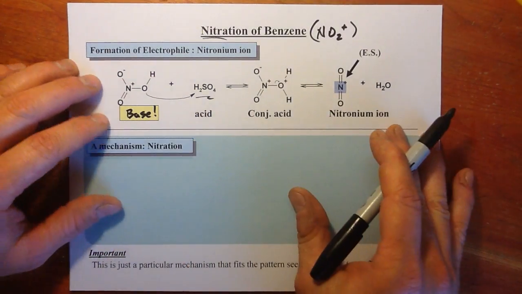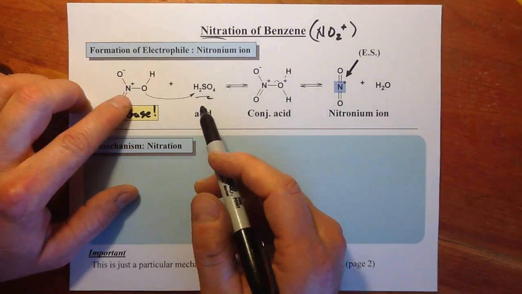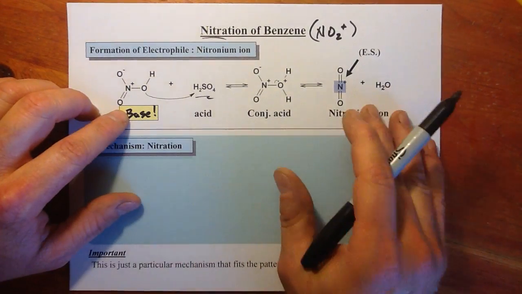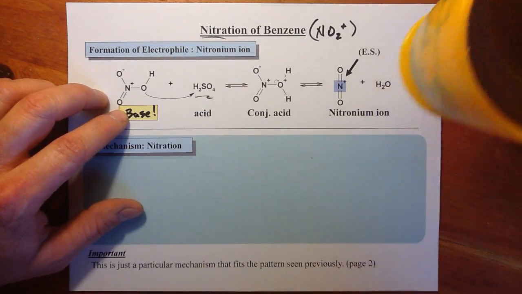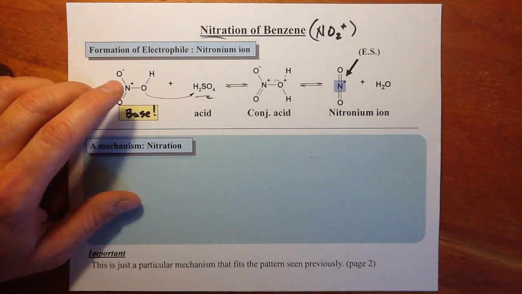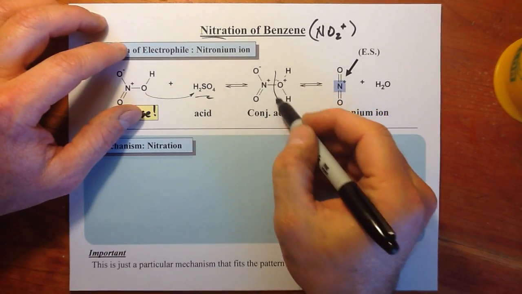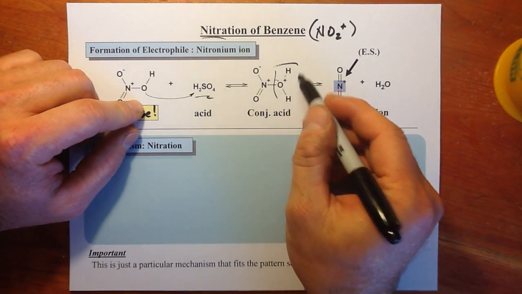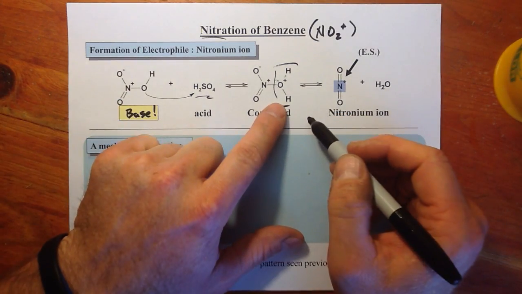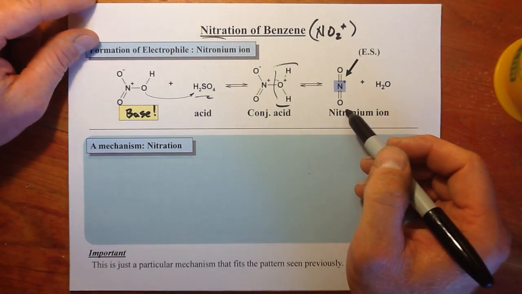It's kind of an odd thing to have two acids reacting with each other. Well, if they react with each other, somebody has to act as the base. So if nitric acid picks up a proton, we can have loss of that water to make the nitronium ion.